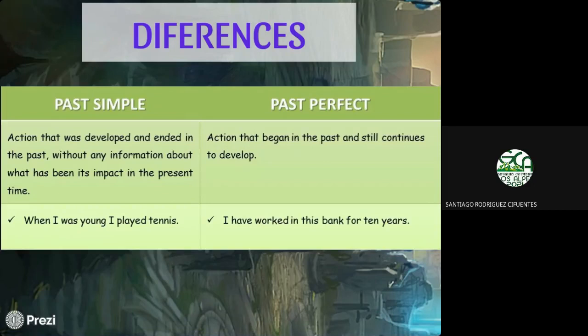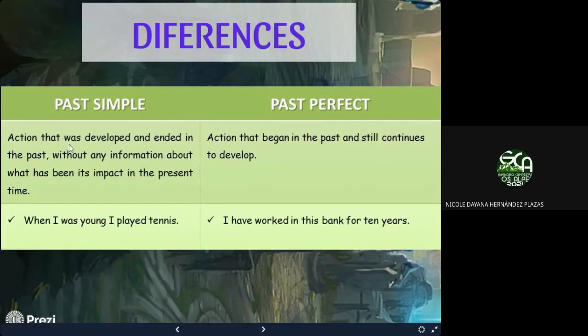Action that began in the past and still continues to develop. Thank you. So guys, huge difference, number one. You use past simple to talk about actions that happened in the past. You don't have any information about the impact or the continuity that an action may have today.